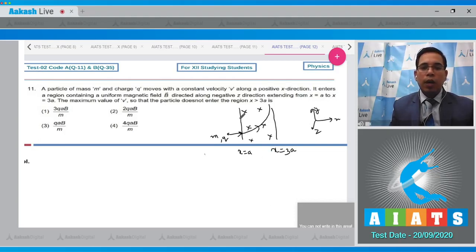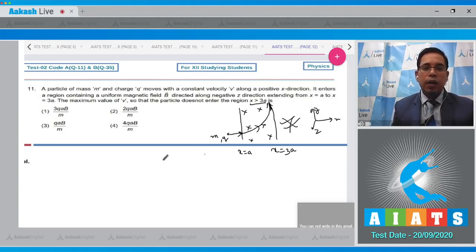Now as the given condition is that it does not enter into region x greater than 3a, that means in this region it should not enter. That means it should at least move perpendicular to the x direction, that means along the y direction it should move.